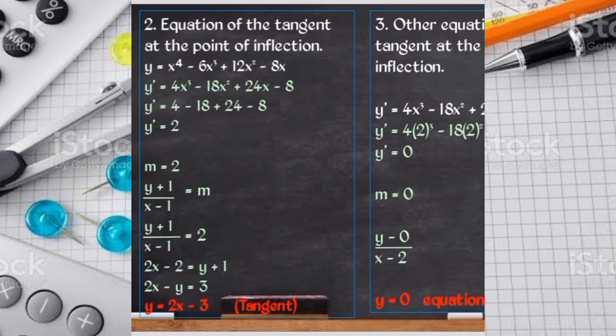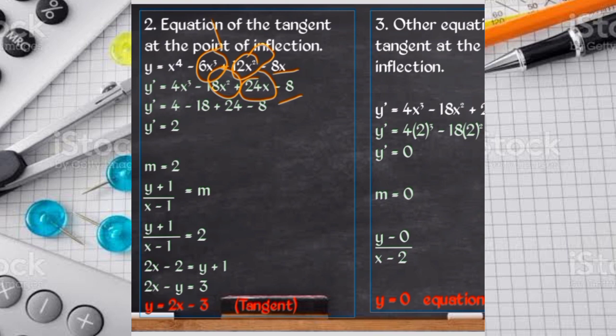The second thing is to find the equation of the tangent at the point of inflection. y equals x to the power of 4 minus 6x cubed plus 12x squared minus 8x. y prime equals 4x cubed minus 6 times 3 equals 18x squared plus 12 times 2 equals 24x minus 8.